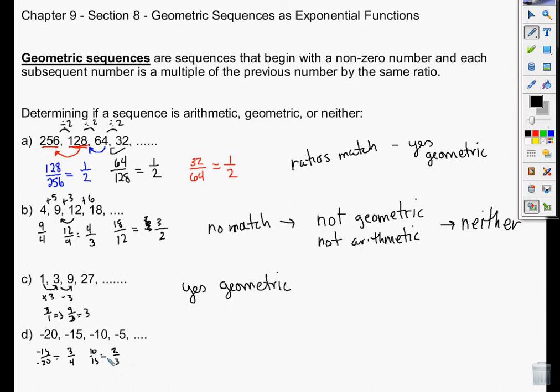So there's not a ratio, but if I go from -20 to -15, I added 5. And if I go from -15 to -10, I added 5. So I add 5 each time. So it's arithmetic.